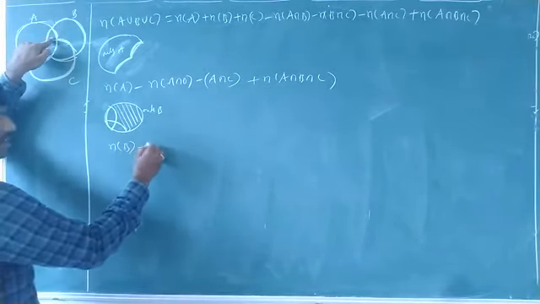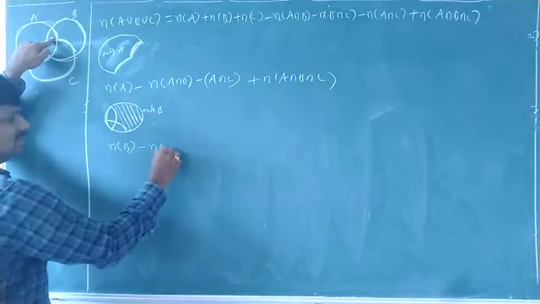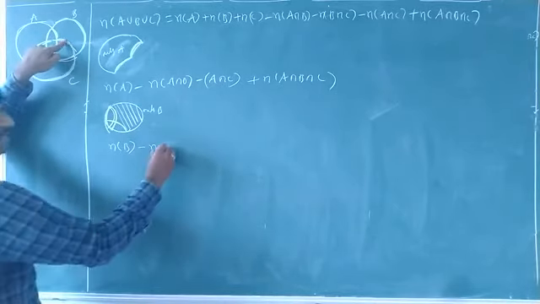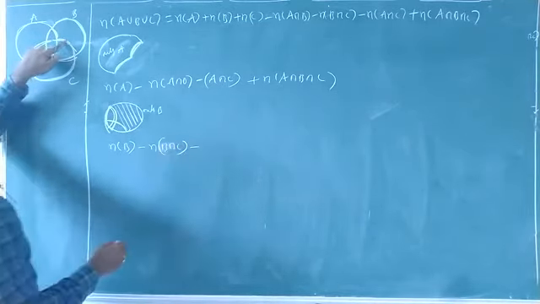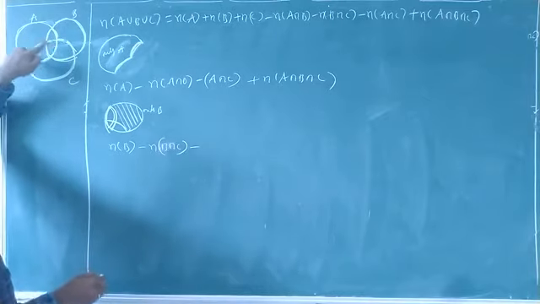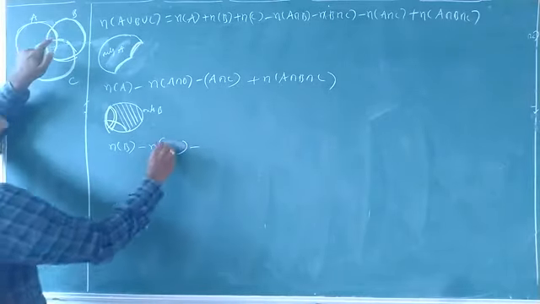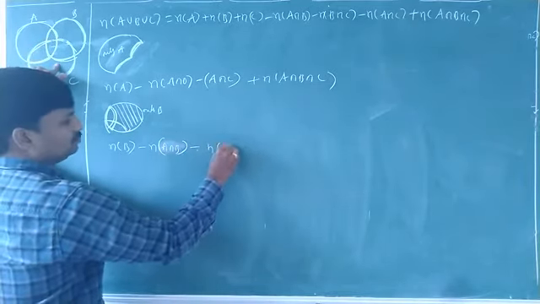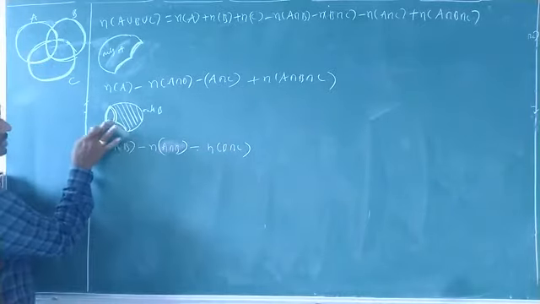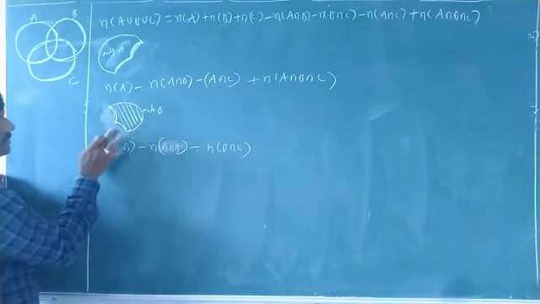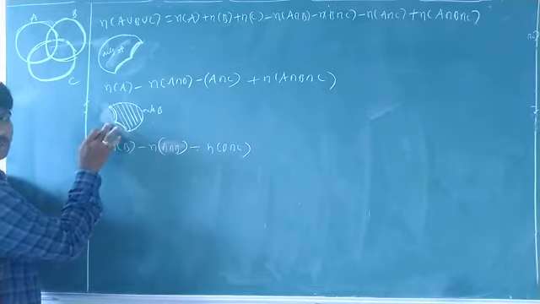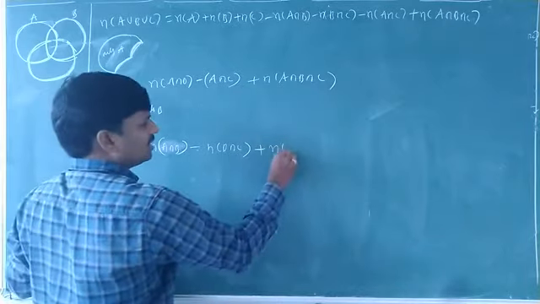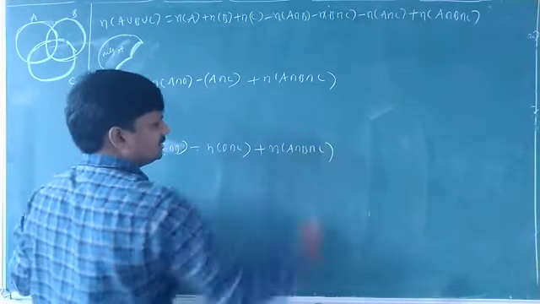A intersection B. Number of B minus number of A intersection B minus this part, number of B intersection C. This common part, how many times is it removed? 2 times. So we have to remove it only 1 time. So I am adding 1 time here: number of A intersection B intersection C.